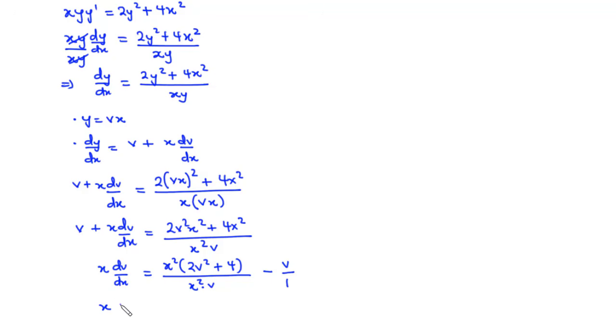So we have x dv/dx equals, we cancel out x squared, and then we can find the LCM between v and 1. LCM between v and 1 is v. So v divided by v is 1. 1 times 2v squared plus 4 is 2v squared plus 4, minus v divided by 1 is v. v times v is v squared.